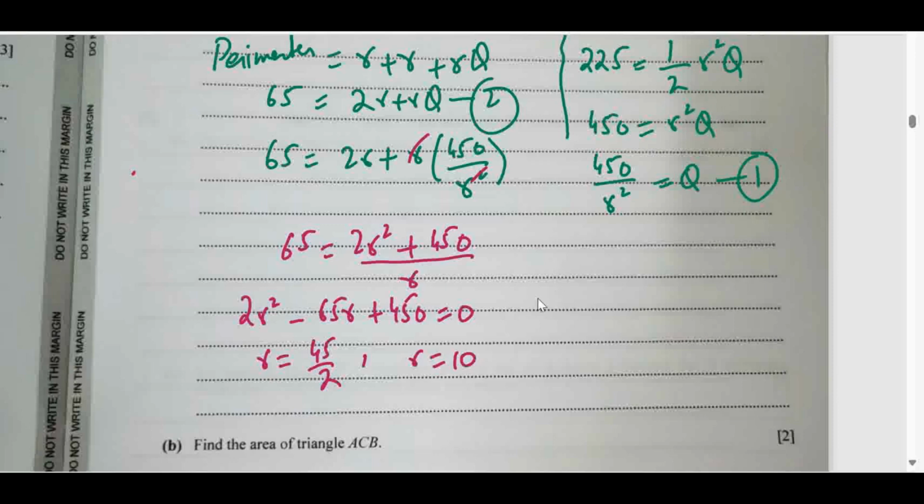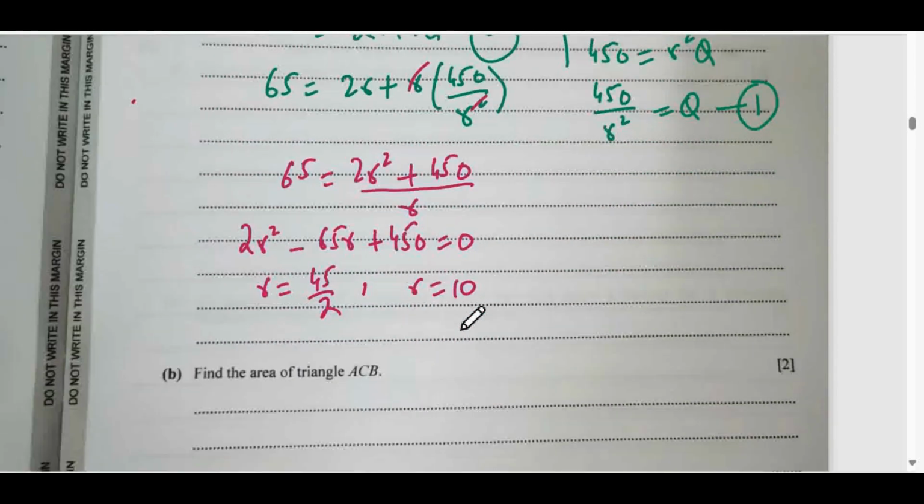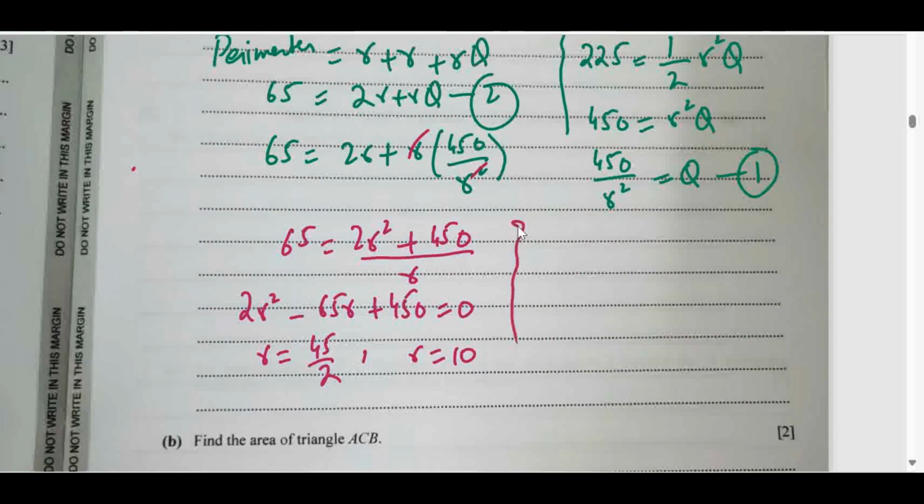Now what we need to do is find out the value of theta. So theta is equals to 450 by 100, because it's 10 square, so it's 100. So 450 by 100 means that this will be equals to 4.5. And now the other one is 450 by 45 by 2 whole square.